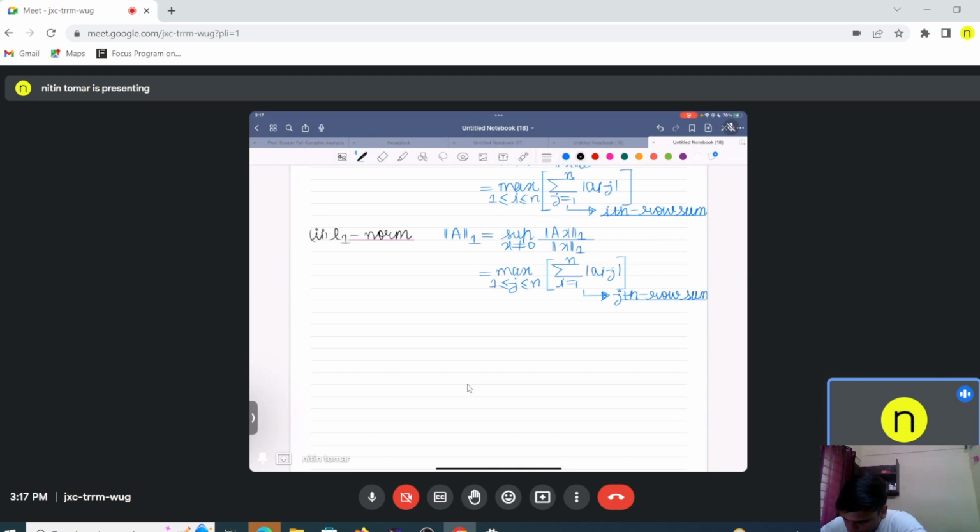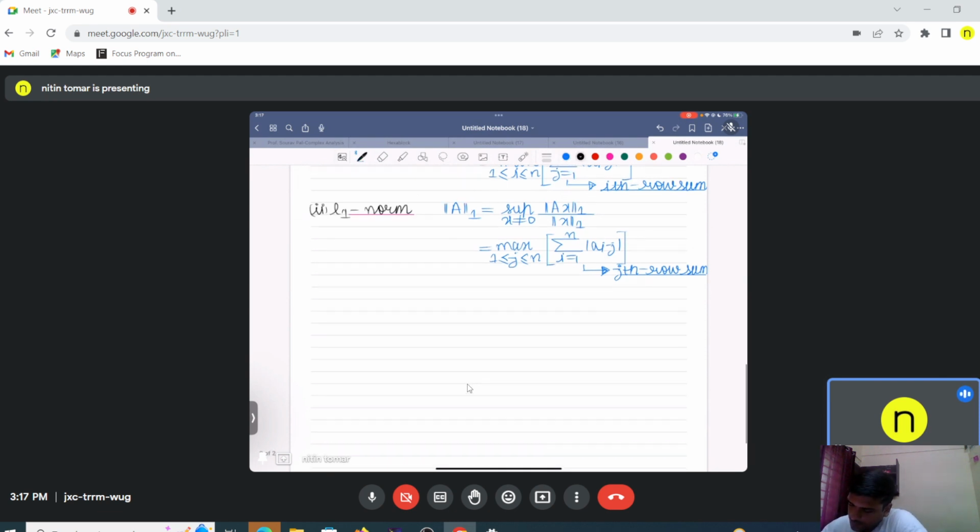And last but not the least, we saw the matrix norm subordinate to the Euclidean norm, which is the L2 norm.